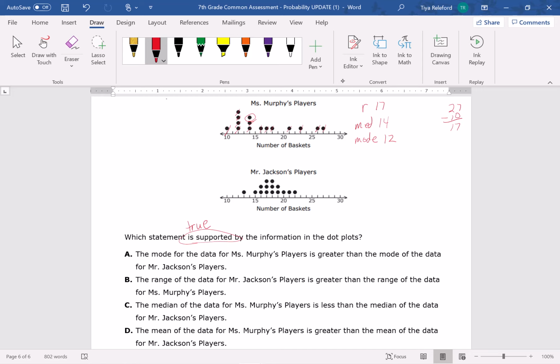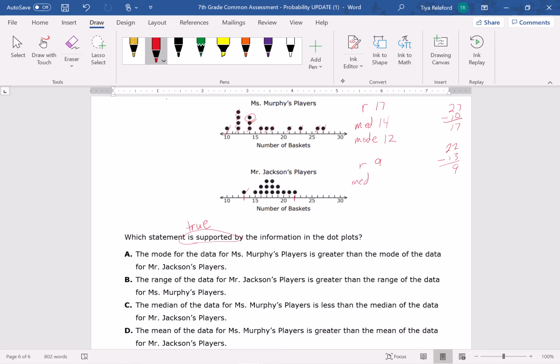Mr. Jackson's players, for the range, highest is 22. Lowest is 13. So your range is 9.